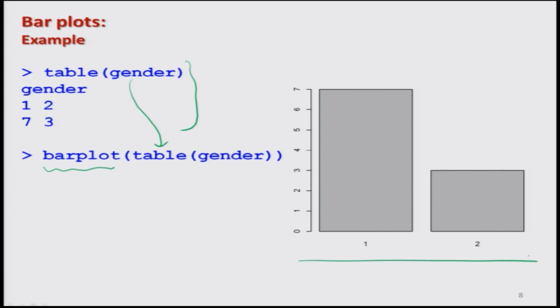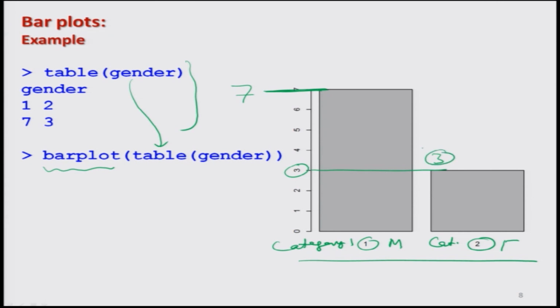So you can see that this is denoting the category 1, which is male, and this is the category 2 for females. And you have seen that there are 7 male and 3 female. So this number here is 7, and this number here is 3. So their heights are proportional to their absolute frequencies.